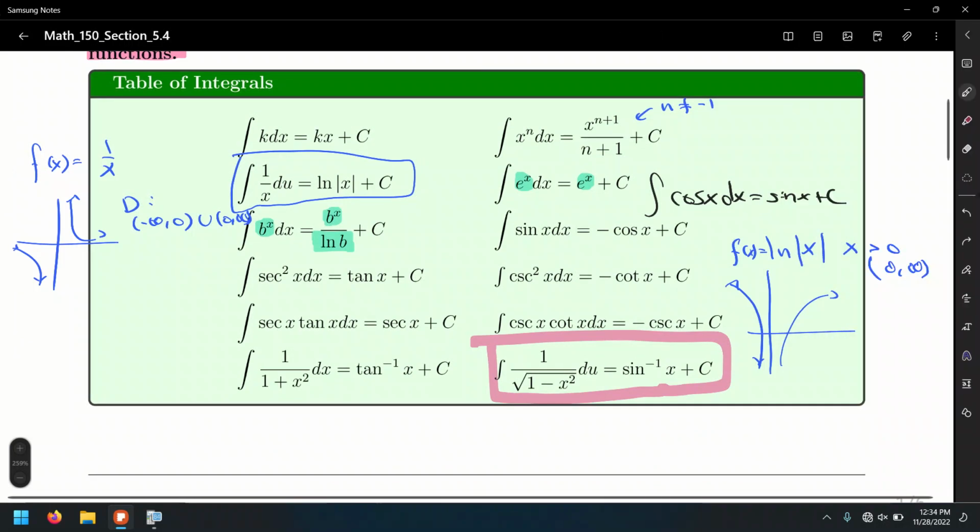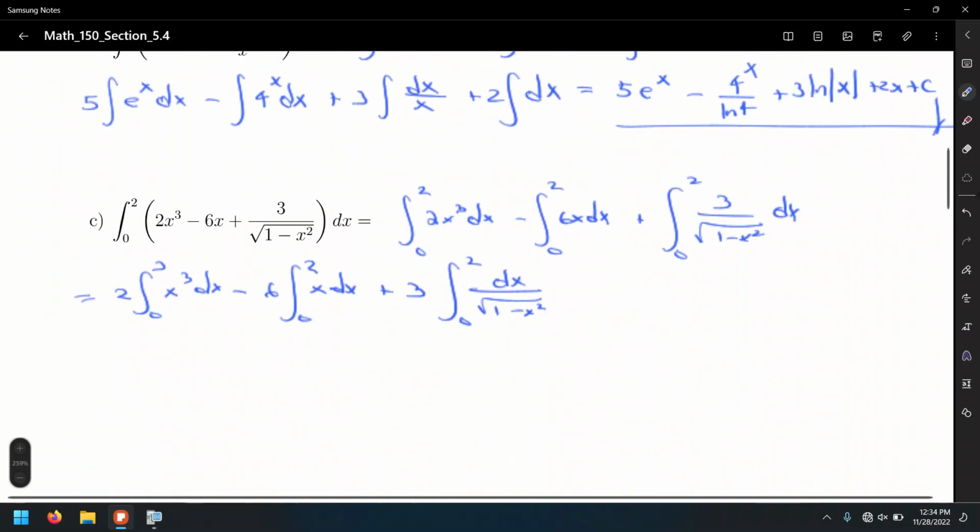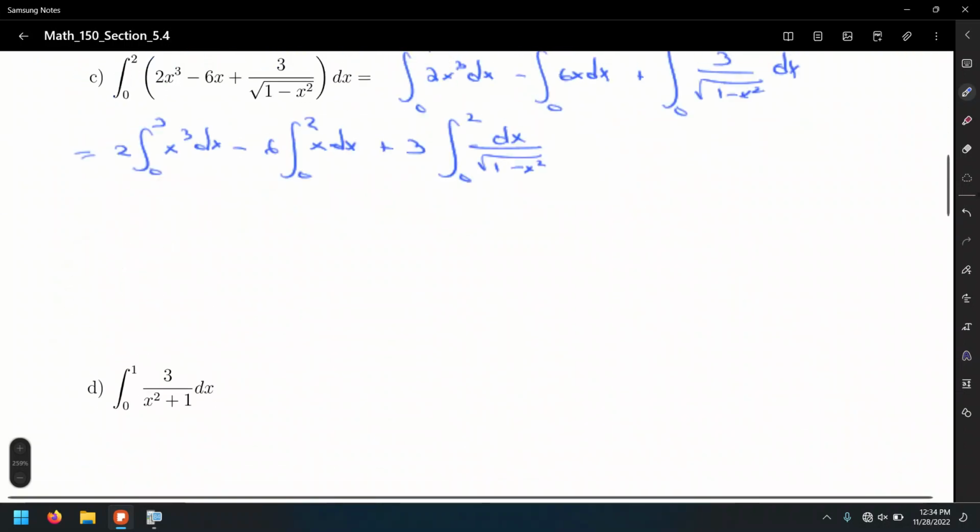The u thing, however, we're going to use in the next section when we cover the substitution method, and we're going to do a lot of this just to get you ready for Calc 2, actually.